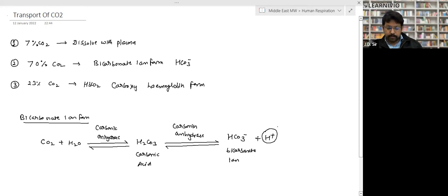Full stop. Hence, blood becomes slightly acidic.